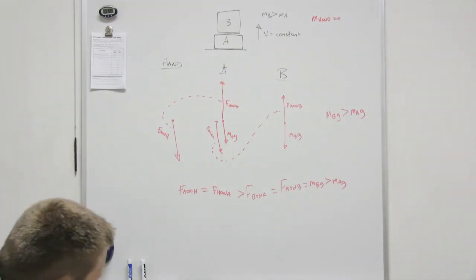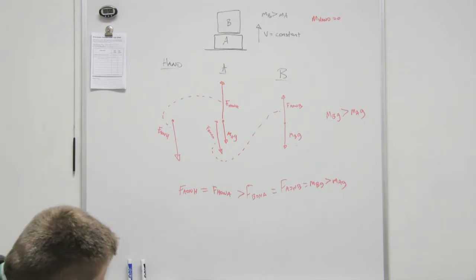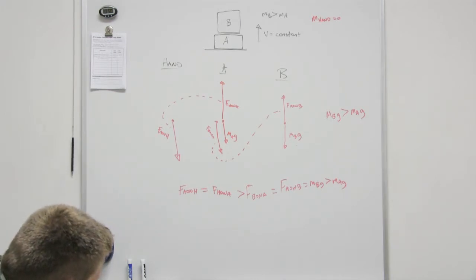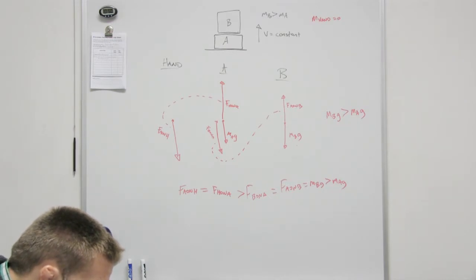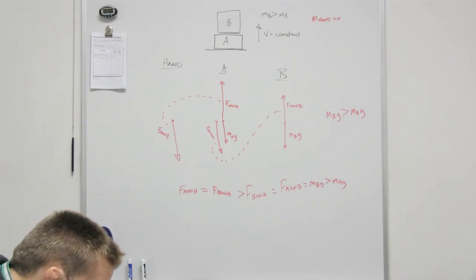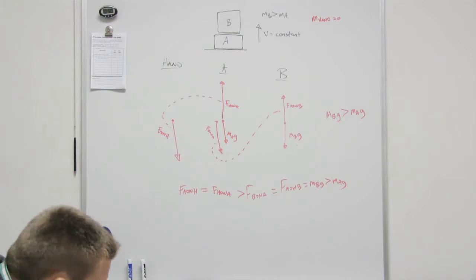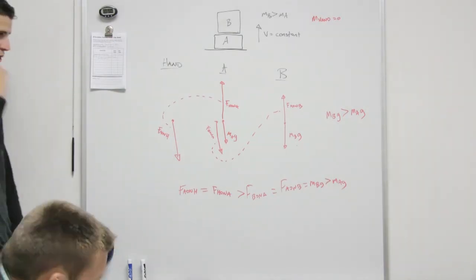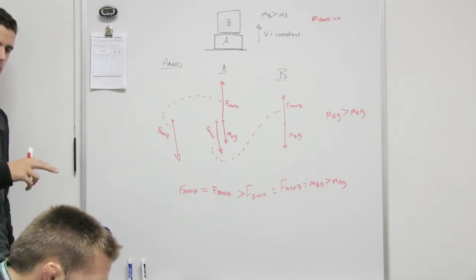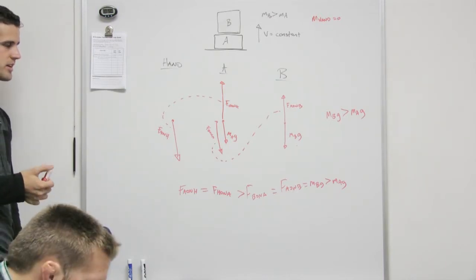So FA on H and FH on A are the largest ones. That's the same thing that happened on the last one, right? Right. Because those basically transfer through and push both blocks. So it has to be the greatest force.